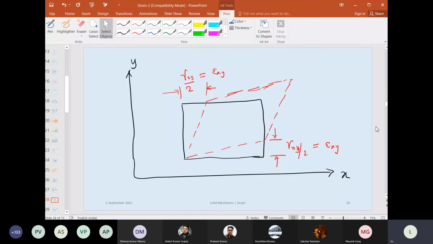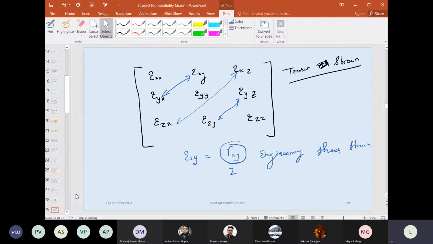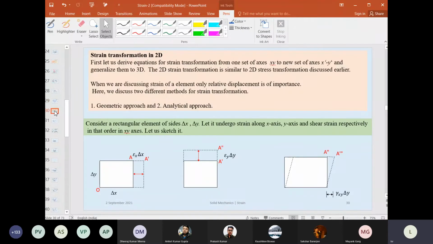Now what we will do is we will find out, given the strain in x, y, z coordinate, how to obtain strain in a rotated coordinate. Strain transformation in 2D we will see, then we will know strain transformation in 3D by extending that.